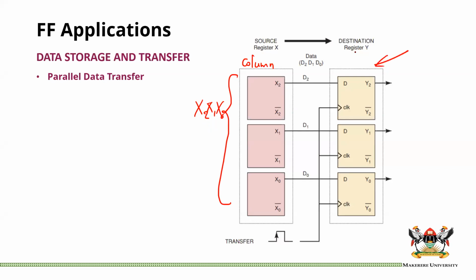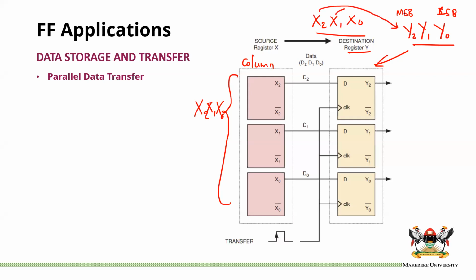This is the destination register y2, y1, y0, where this is the MSB and this is the LSB. So in this case, if you're transferring this information into that, you want this to replace that, the one in the middle to replace that one, and the least significant bit to replace the least significant bit.